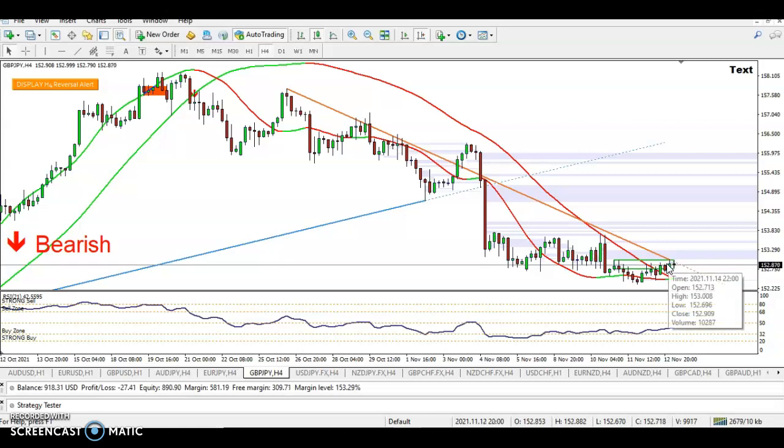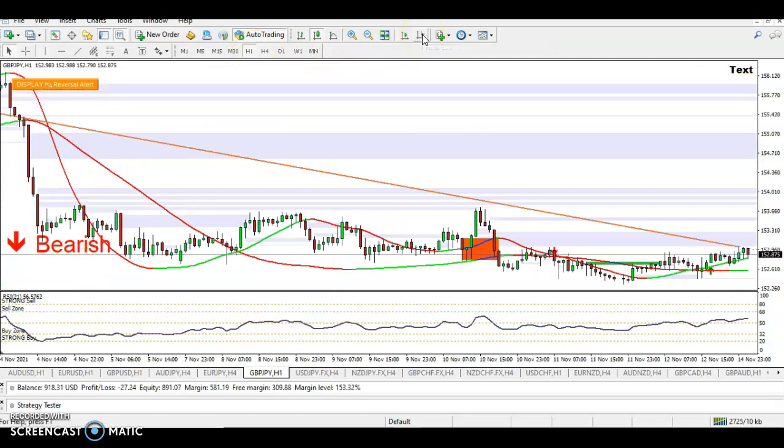This 4 hour market structure hasn't closed above to indicate bullish trend, but all the signs are pointing upwards. So let's get into that. Hour 4. Here we go. Let's move on to the hour 1 just to check.